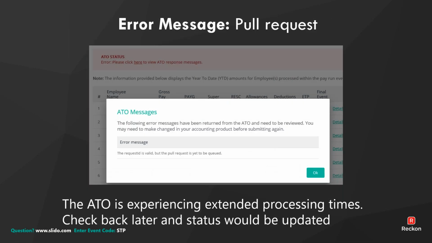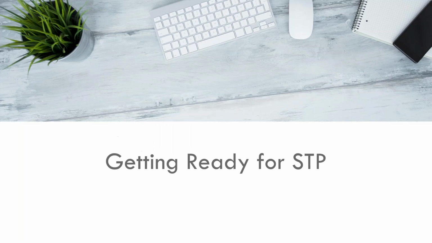Another error message is pull requests. When you've submitted STP, you may see that there's a pull request. What that means is the ATO is experiencing extended processing times, so there may be a delay. Just check back later and the status will be updated.